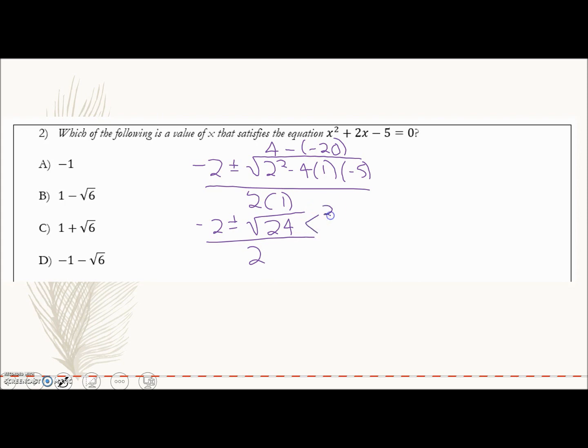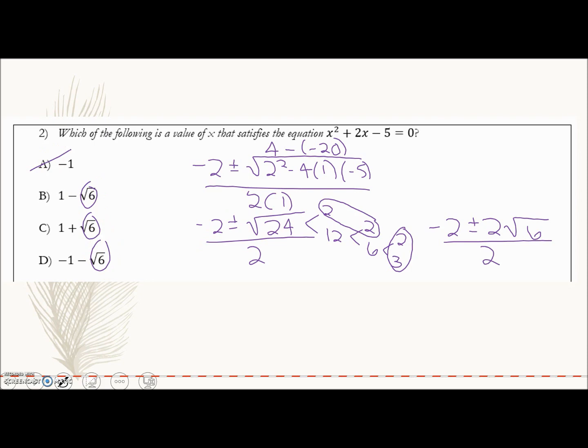So 2 goes into 24 12 times, 2 goes into 12 6 times, 2 goes into 6 3 times. This has a double 2. So I still have the -2, I still have the plus or minus, but then I bring out one of those 2's as the double. On the inside of the radical, I have this 2 and this 3 left over, so that's 6. So that's where the 6 is coming from under the radical, in all of these.